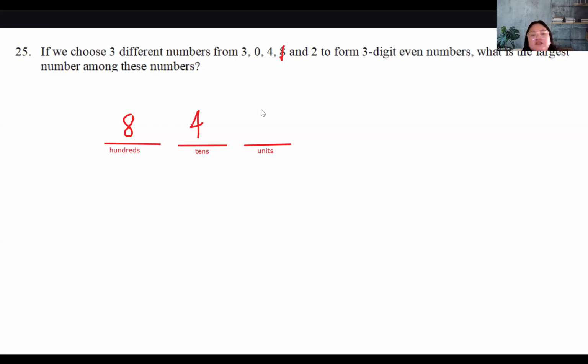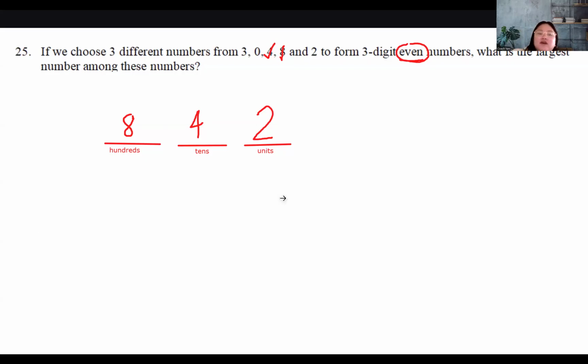And then the next largest is 3, but that would not give you an even number. So that's why you should use 2 because it should be even. So the answer is 842. It cannot be 843 because the problem is asking for an even number. Okay?